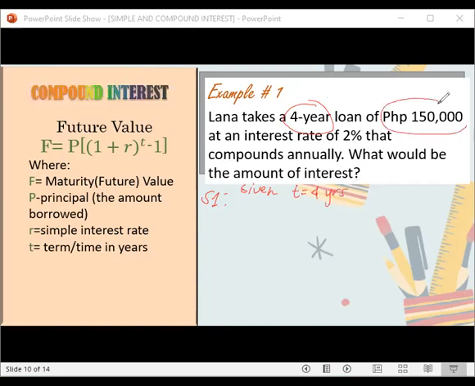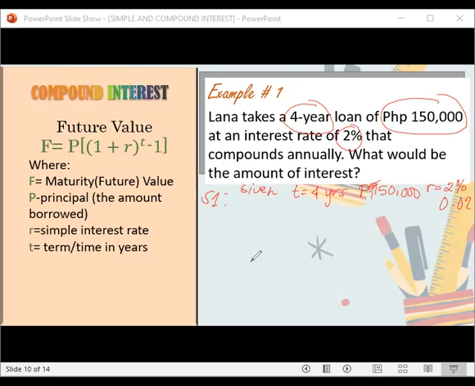Next, 150,000. So sila na ay nag-loan ng 150,000 pesos. Therefore, it is our principal. So 150,000 pesos. And for the last one is our rate, 2%. So again, in decimal, 0.02.